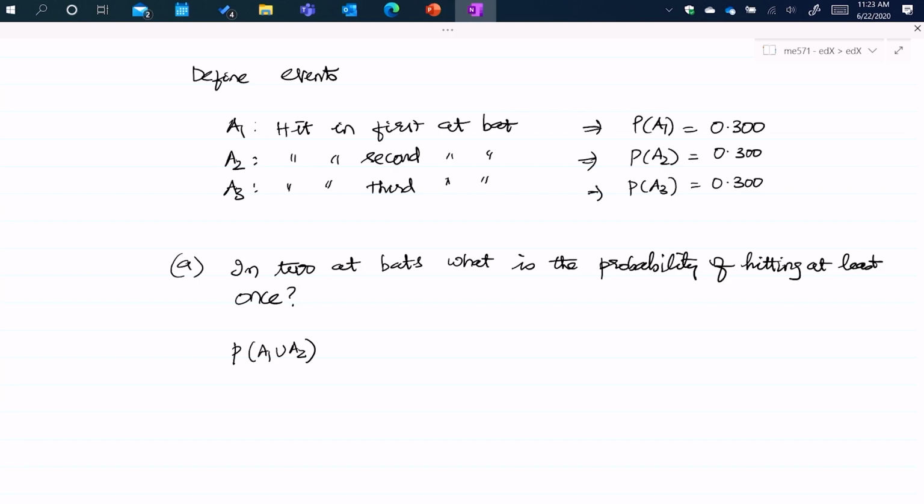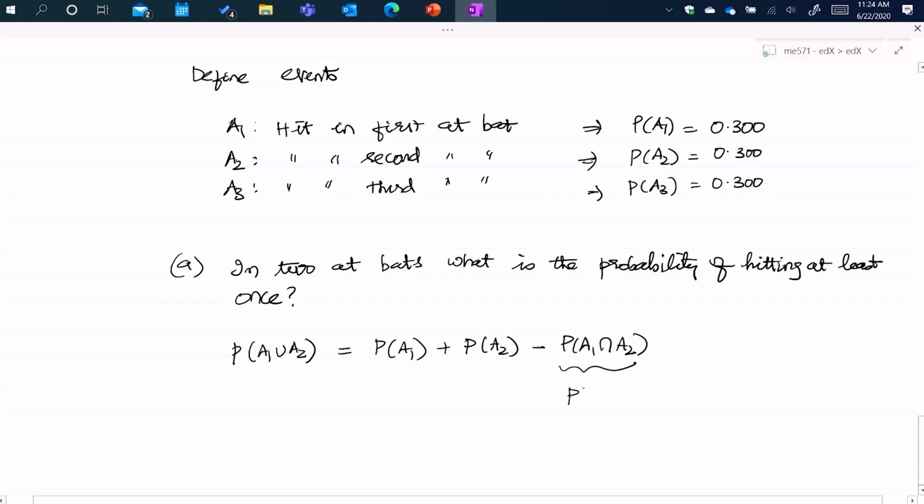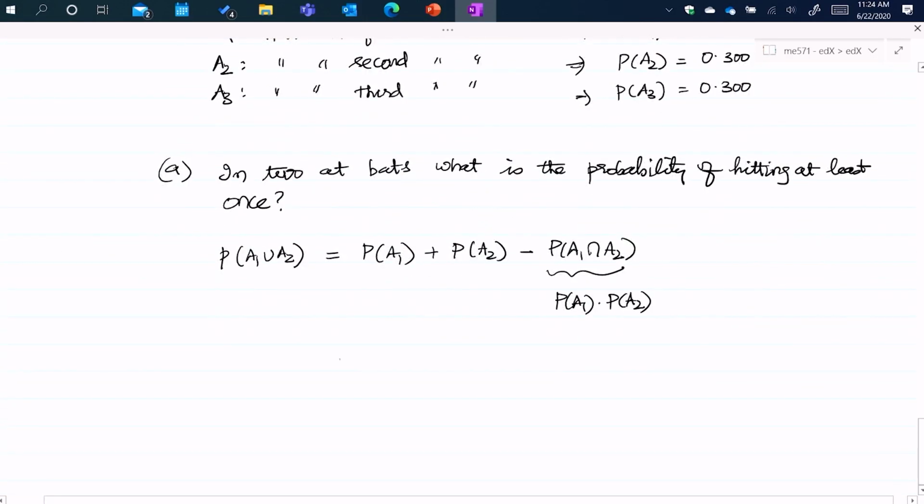From our addition rule, this is probability of A1 plus probability of A2 minus probability of A1 and A2. We know A1 and A2 are independent events, so this last quantity is nothing but probability of A1 times probability of A2. So this is equal to 0.3 plus 0.3 minus 0.3 times 0.3, which is equal to 0.51.